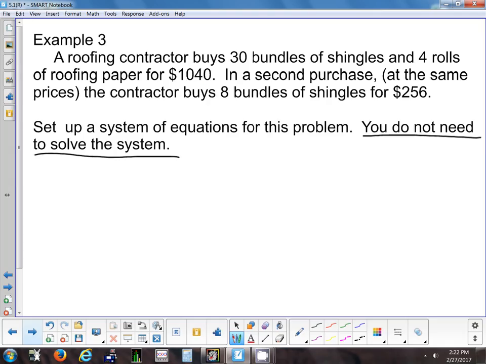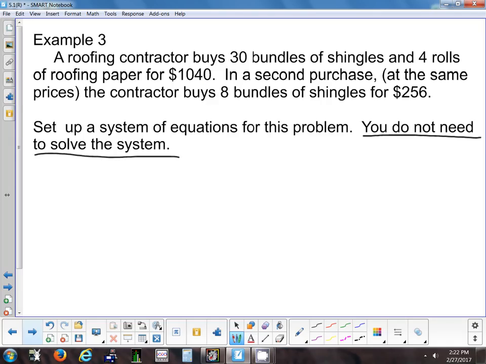All right, so let's just read through and see if we can figure out what the two things are we're going to solve for. Because there's always 2 letters, right? We just have to figure out what they are. Okay, so it says a contractor buys 30 bundles of shingles and 4 rolls of roofing paper for $1,040. And then he makes another purchase, and we're assuming same price.